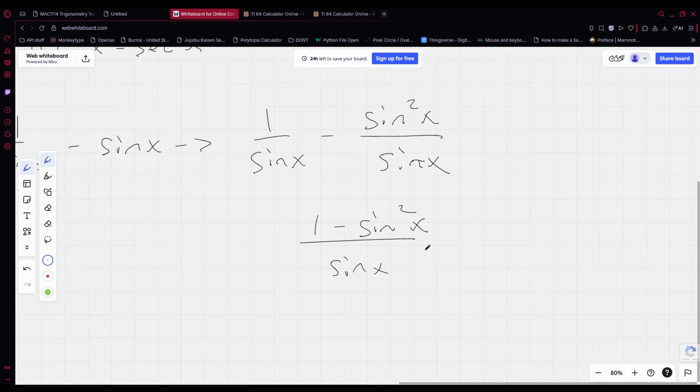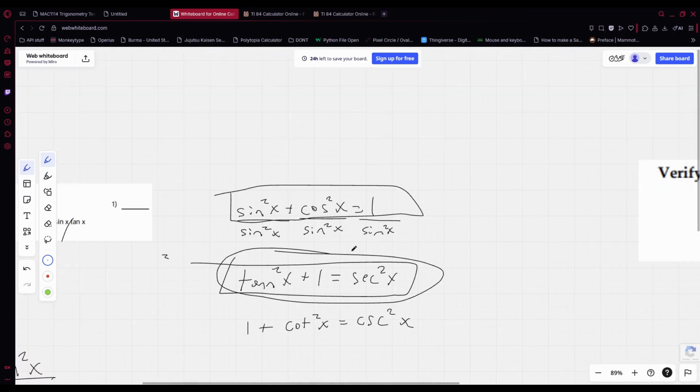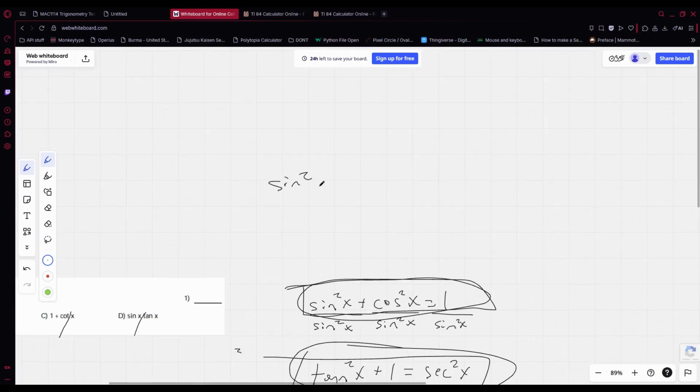And I will say the answer is 1 minus sine squared x is real familiar. In fact, it was real familiar to this guy up here. Sine squared x plus cosine squared x equals 1. So what if I just subtract sine squared x from both sides? That means cosine squared x is equal to 1 minus sine squared x.